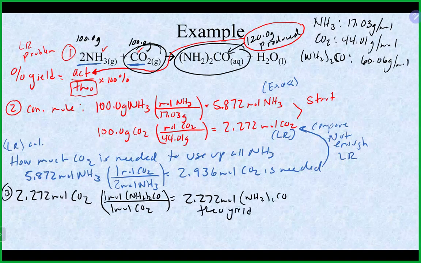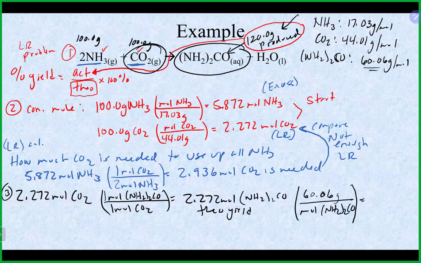That is not very helpful to us in this particular example because our actual yield is in grams. So we do need to get them to the same unit so we can calculate our percent yield. And we could use our molar mass, which is our fourth step here. And again, I'm going to use it from the previous problem, which was 60.06 grams per mole of our product.